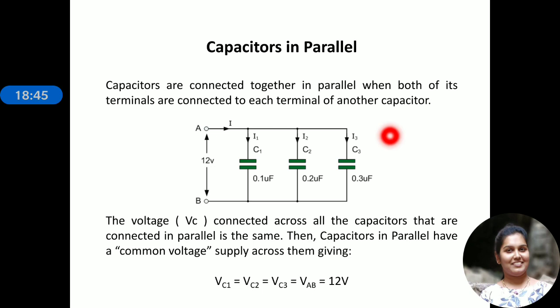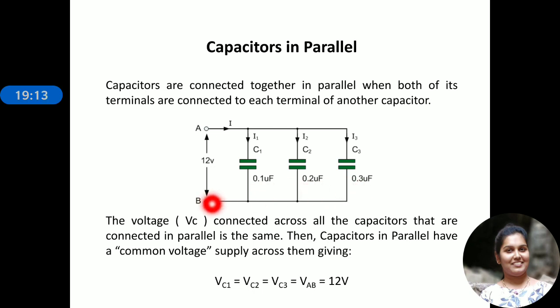As you can see in the diagram, I have taken three capacitors with the same values. One side of the capacitors is connected to one point, and the other side of the capacitor plates is connected to the other point, right?